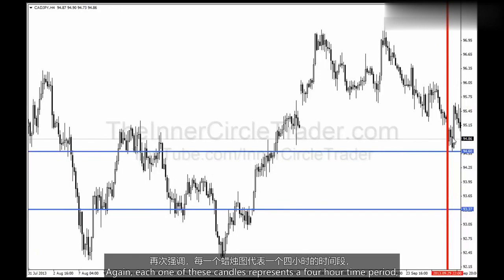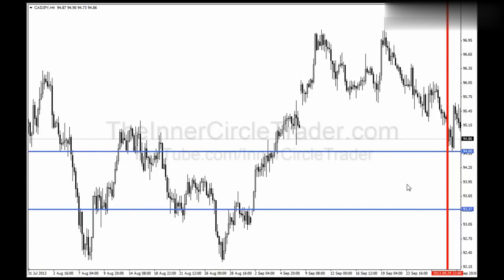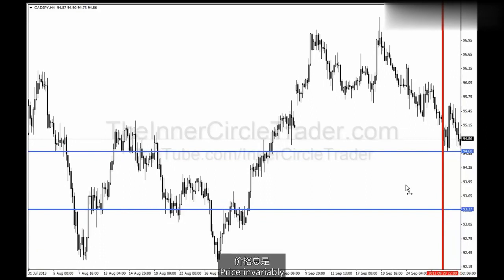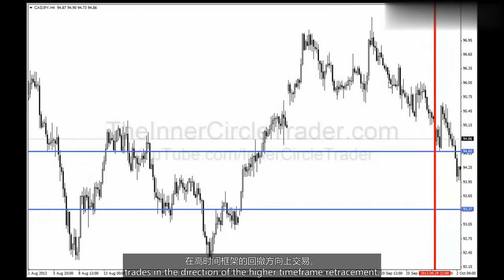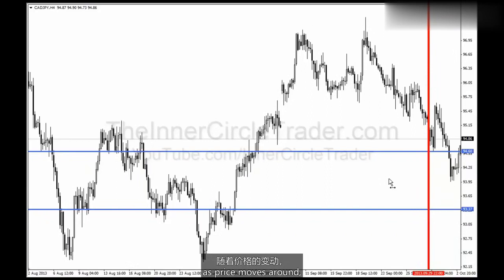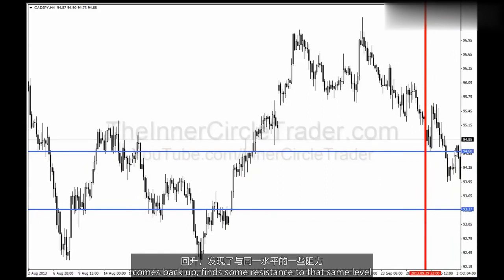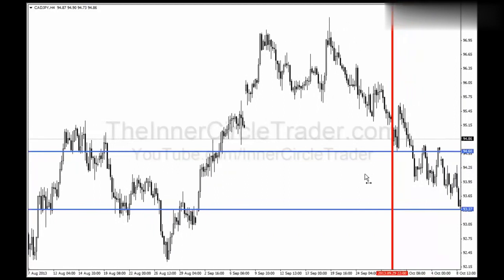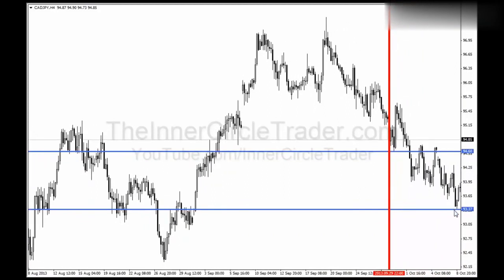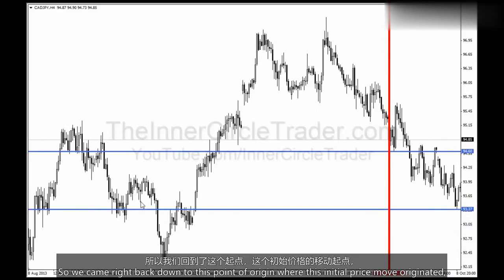And that's intraday. Again, each one of these candles represents a 4-hour time period. Price invariably goes lower, trades in the direction of the higher time frame retracement. As price moves around, comes back up, finds some resistance at that same level twice, and then moves down to what level? That 93.37. So we came right back down to this point of origin where this initial price move originated.